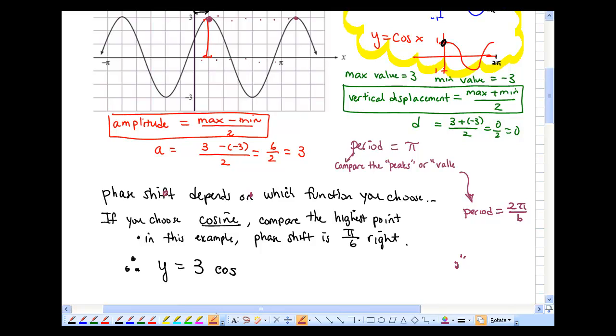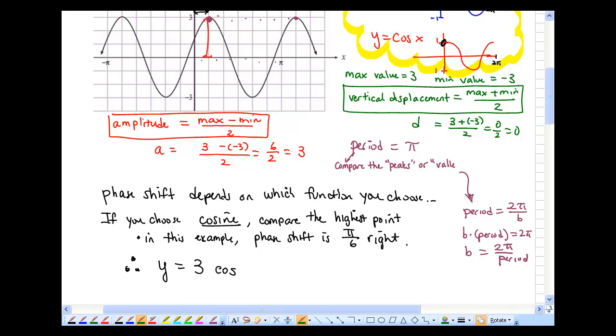So if I were to rearrange this right now, I could say, hey, the b value times the period equals 2 pi. And so b just equals 2 pi divided by the period. So using this as my fact, I can now say that since the period is pi, b is just equal to 2 pi divided by pi, which is just 2.